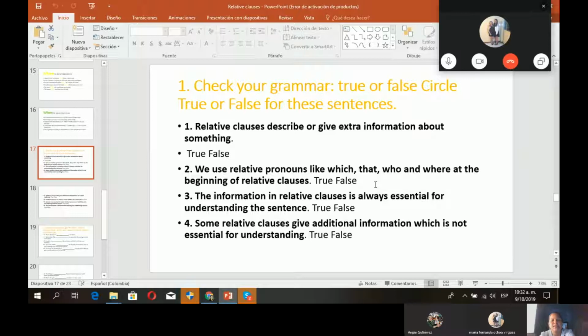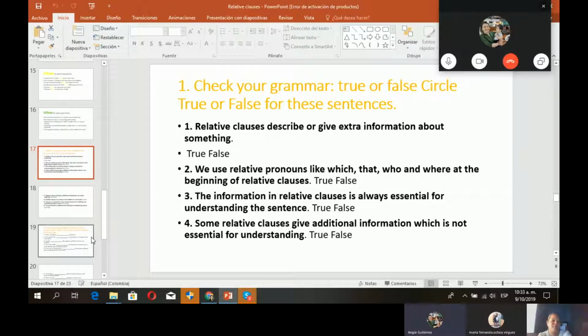Some relative clauses give additional information which is not essential for understanding. True or false? False. Good. And Angie? Yes, me too. False.